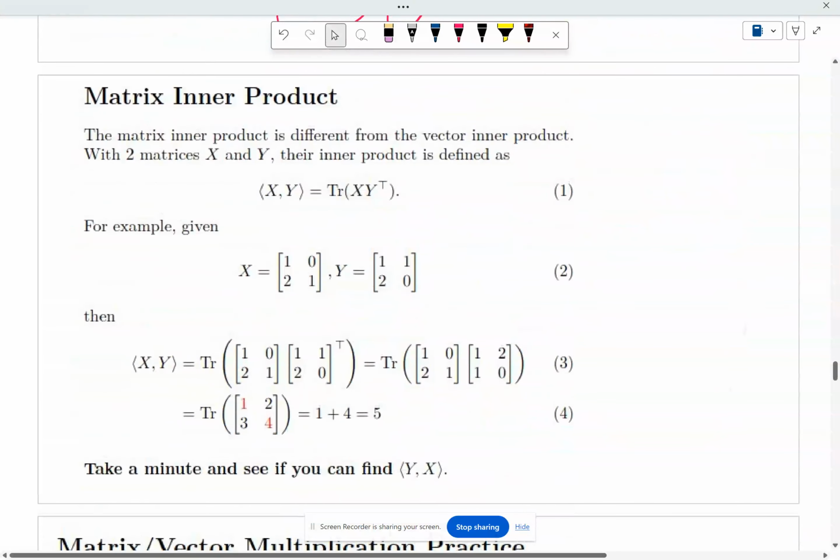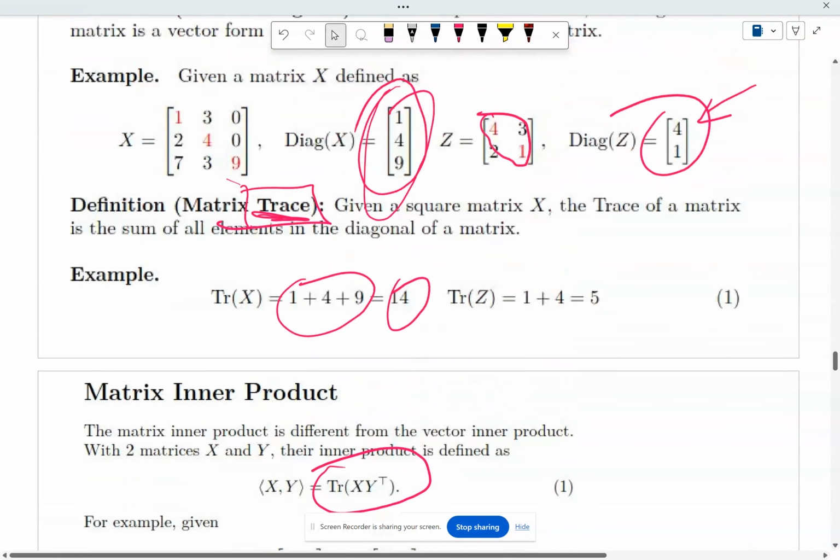Next is the matrix inner product. So we did the vector inner product. The matrix inner product is when you have x times the transpose of y. So this right here is the dot product, x dot product the transpose of y, and then you should have a square matrix, and you take the trace of that. We just talked about what trace was, right?